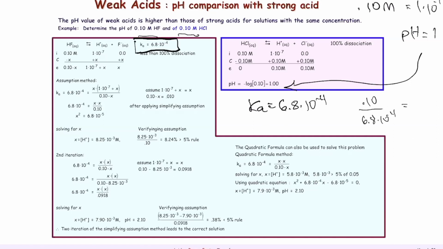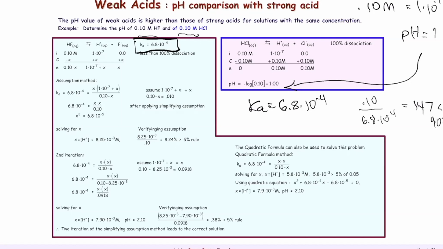If it's less than 400, then the simplifying assumption will not apply. So in this particular case, 0.1 divided by 6.8 times 10 to the minus 4 comes out to 147, which is less than 400, which means that the simplifying assumption won't work.